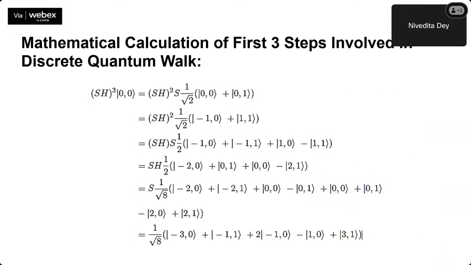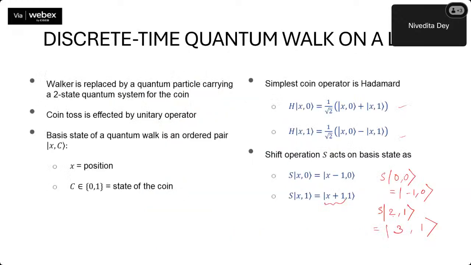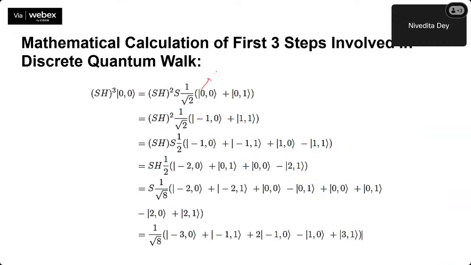Now just see it. This is how a three-step discrete quantum walk can be defined. First, don't forget X: the first entry is the position, and the second is the state of the coin. So this is position and this is state. Similarly, this is position and this one is the state. So you have a Hadamard over here. SH cubed can be written as SH squared into S into Hadamard times 0, 0.